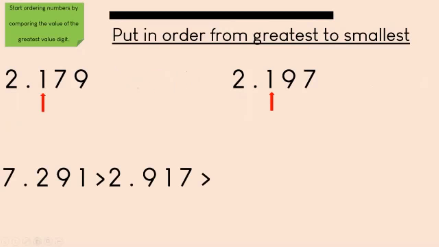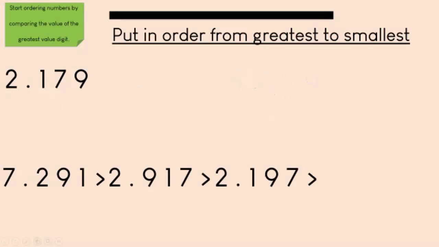So I'll put that down here, put in my symbol. So we've looked at the tenths, let's look at those hundredths. I've got 7 hundredths here, 9 hundredths here. So this is my greatest value number because it has the greatest number of hundredths. So that number comes down. My last one to put in my order is this number over here. So there we go. We're going from greatest to smallest.